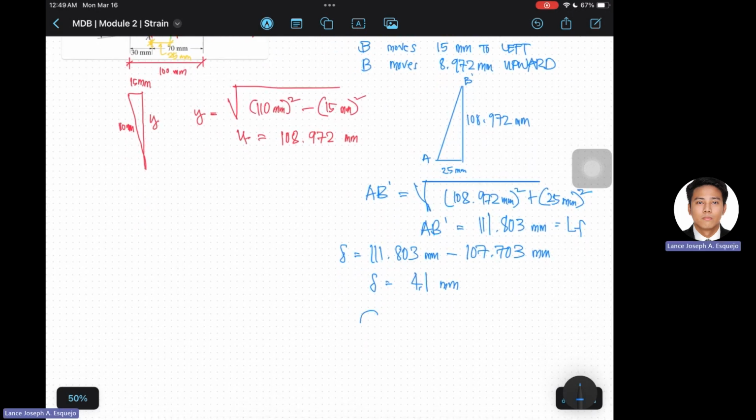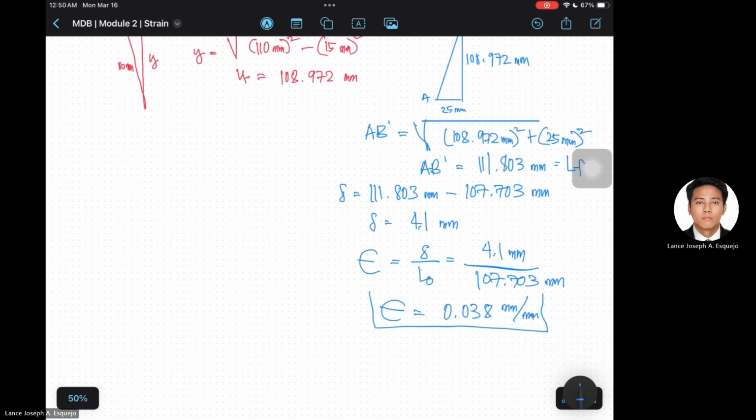And then we have the value of strain, that is the change divided by the initial length. We have 4.1 millimeters divided by 107.703 millimeters. Strain now becomes 0.038 millimeters per millimeters.